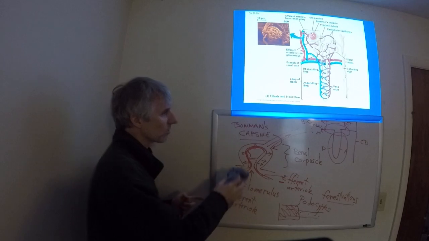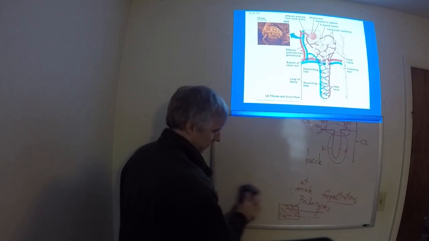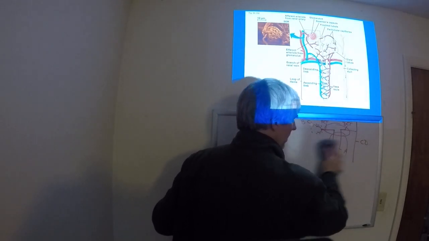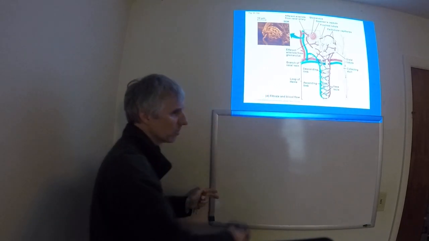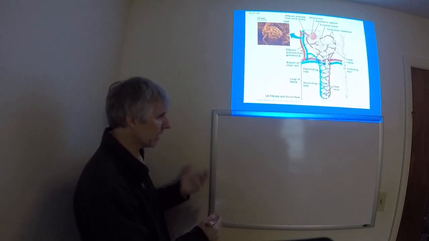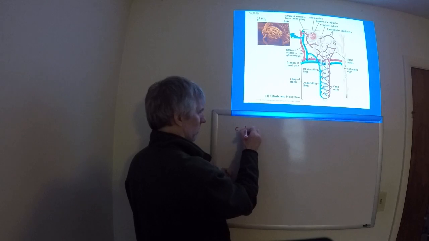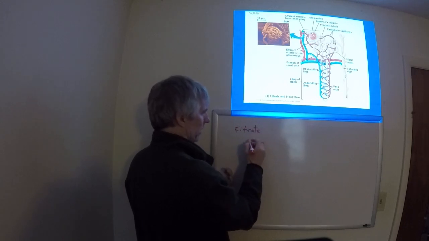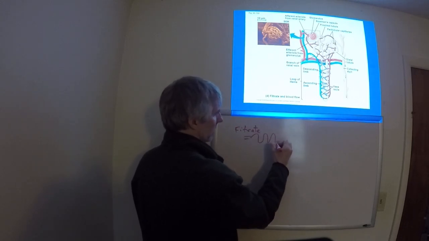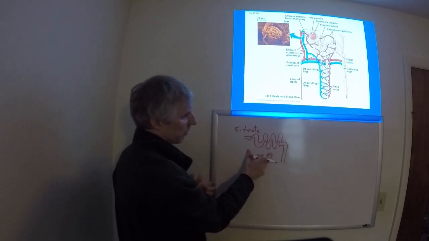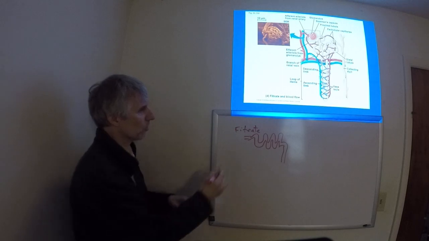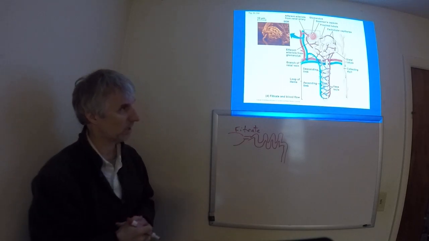So the proximal convoluted tubule. Okay? So what's in the proximal convoluted tubule now is the filtrate. Right? So the filtrate is moving in. And then we're going to move through this proximal convoluted tubule part of the nephron.